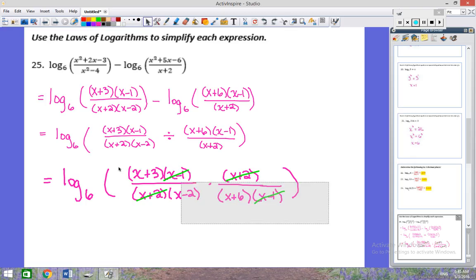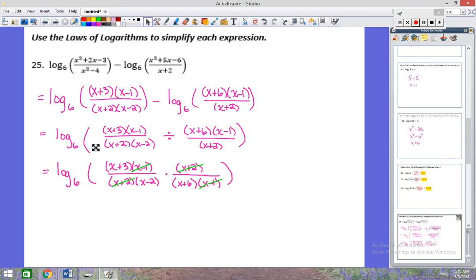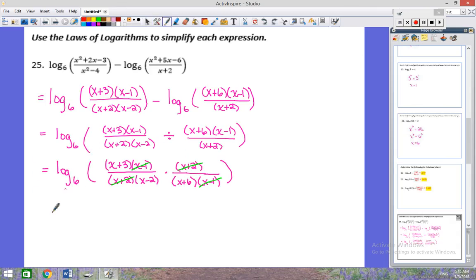And of course they cancel because they were factors and not terms. We have log base 6, with a numerator of x plus 3 and a denominator of x minus 2 times x plus 6.